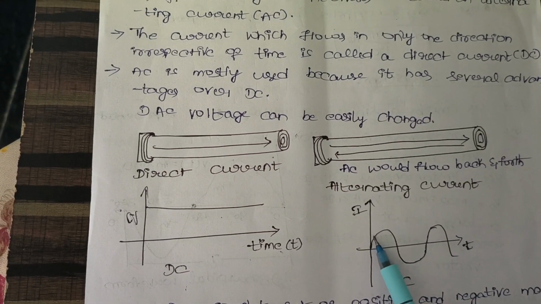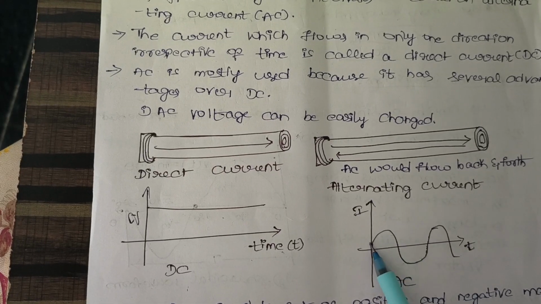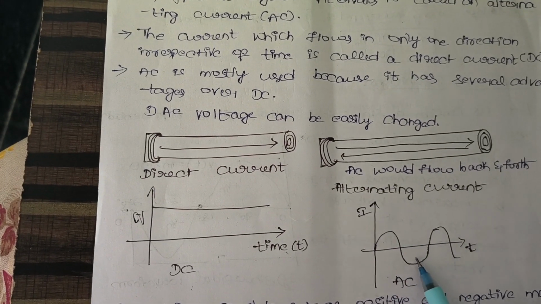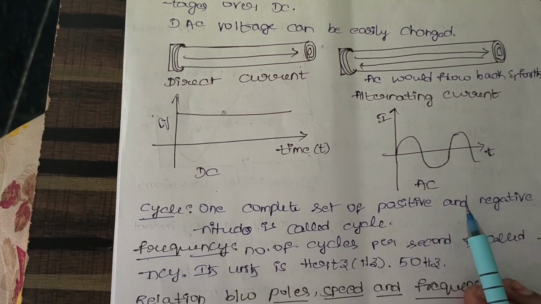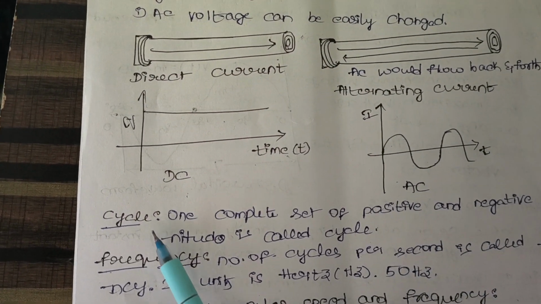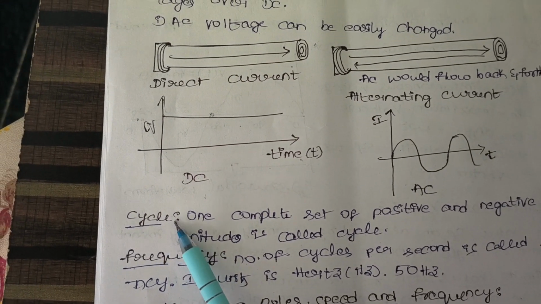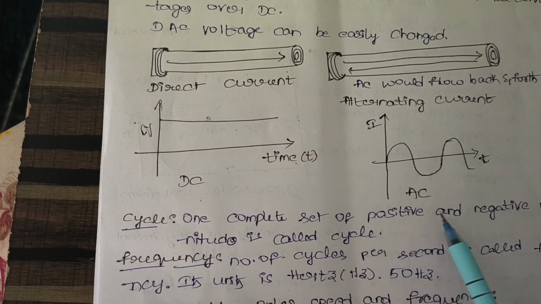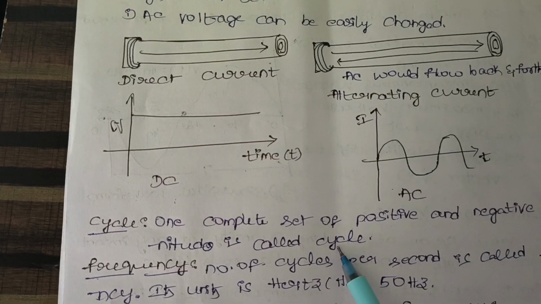It is the number of complete sets of cycles which flow forward and backward in both positive and negative half cycles. Also, one more thing is the cycle. We have to know the definition: one complete set of positive and negative magnitudes is called a cycle.